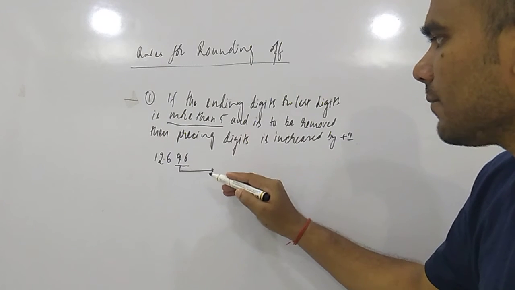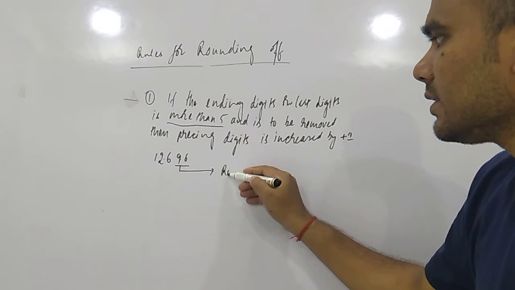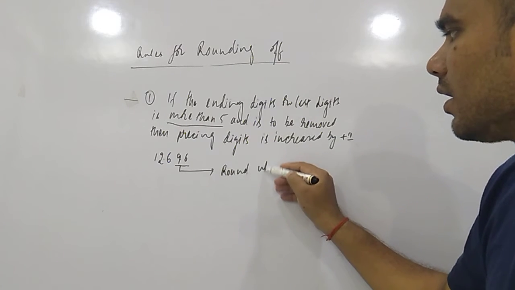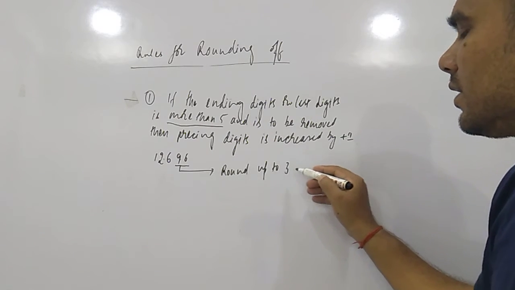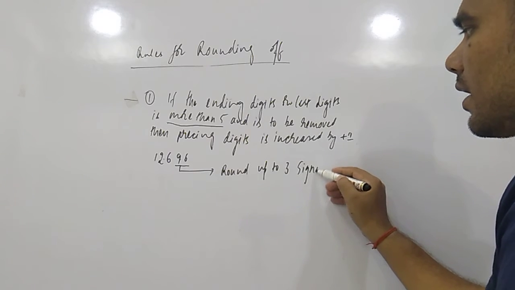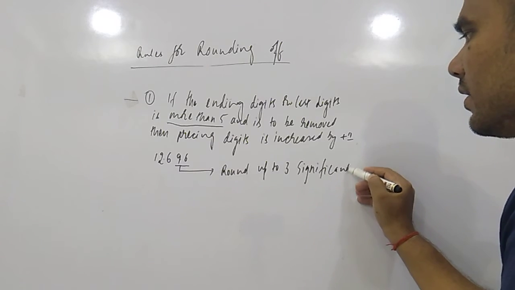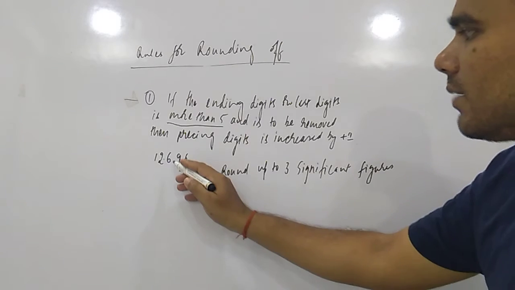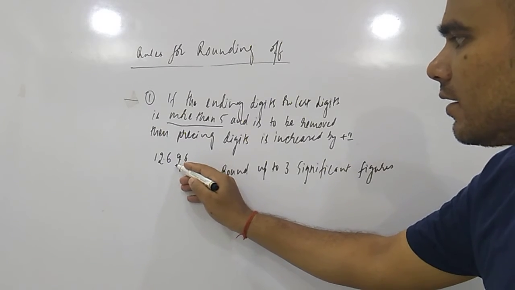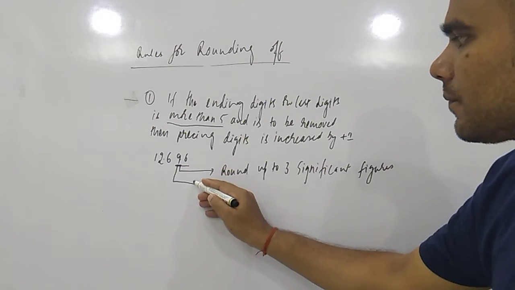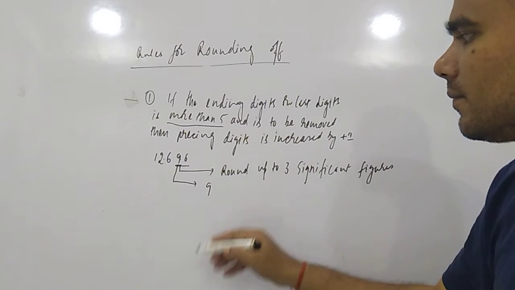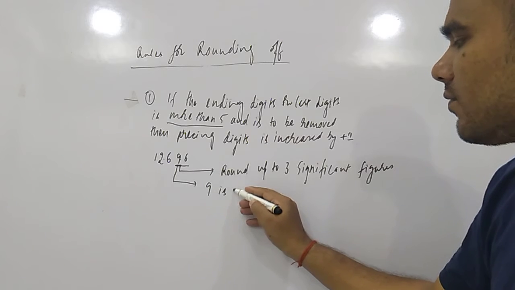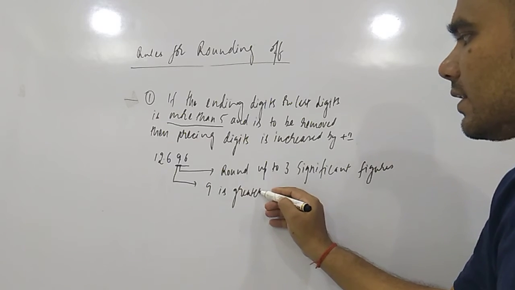The question is: round up to 3 significant figures. If you want to round up to 3 significant figures, we have to check this number. This number is 9, and 9 is greater than 5.